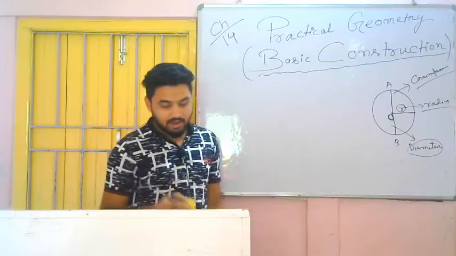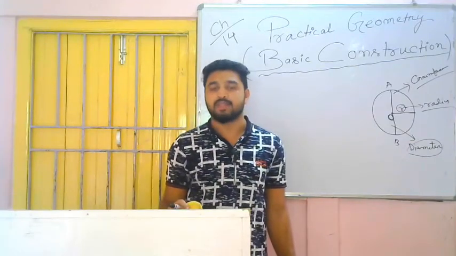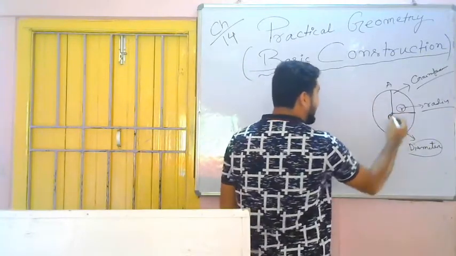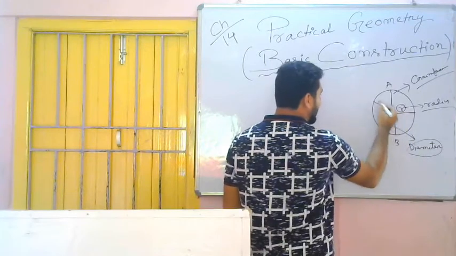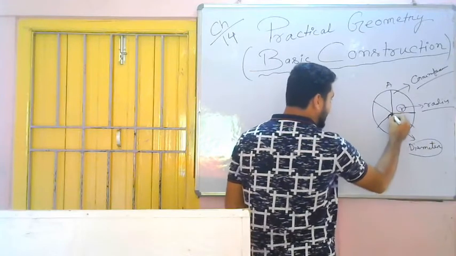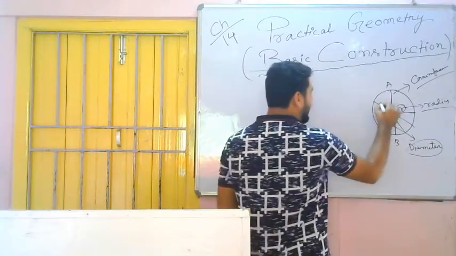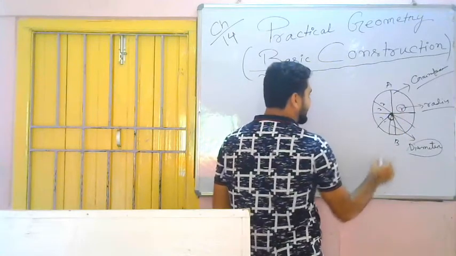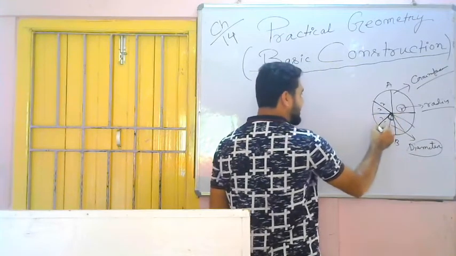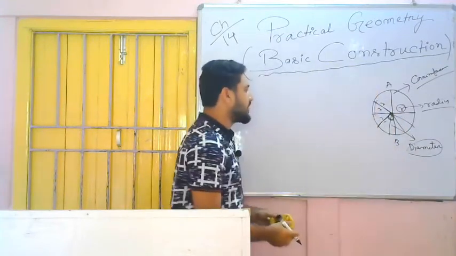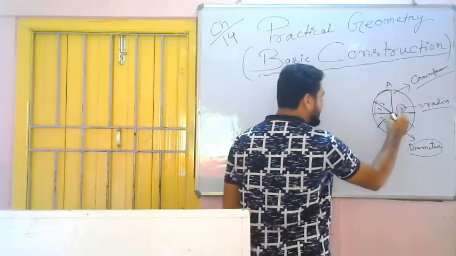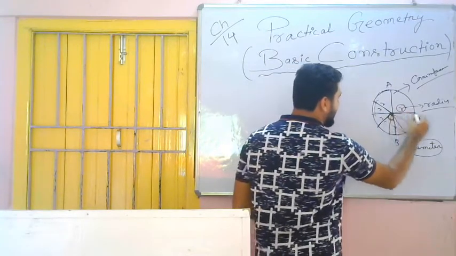Now we shall start. Draw a circle of radius 3.5. One thing you remember: if we draw any line segment from the center, these are called radius, radius, radius. The measurement of all these radii will be the same, because the circumference, that means the boundary of the circle, is equidistant from the center.